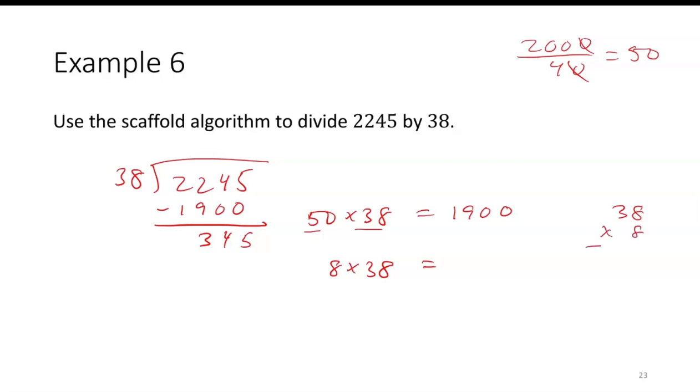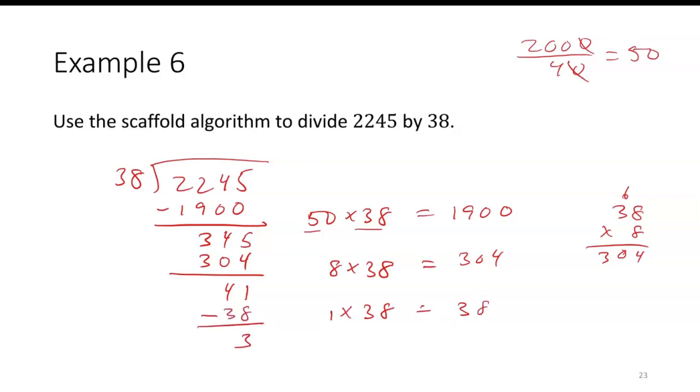38 times 8 is 64. And then 24 plus 6 is 30. So that's 304. And so that subtract, I'll get 41. So I can do one more. 1 times 38 is 38.